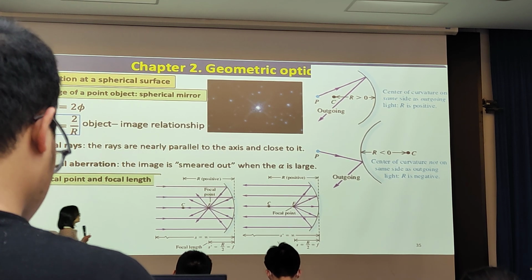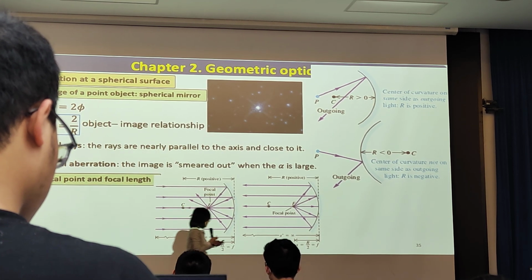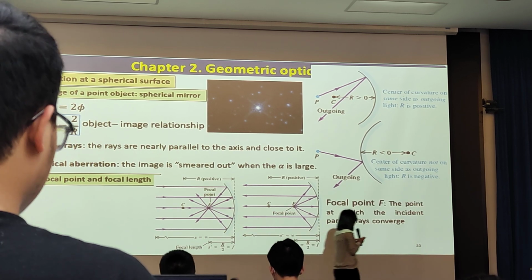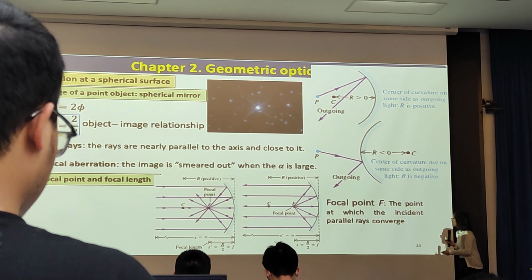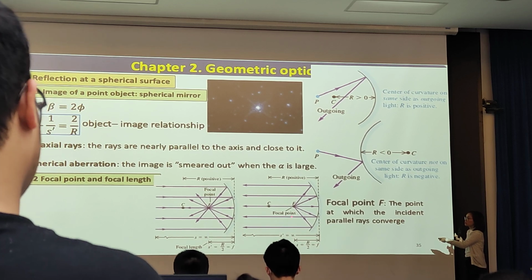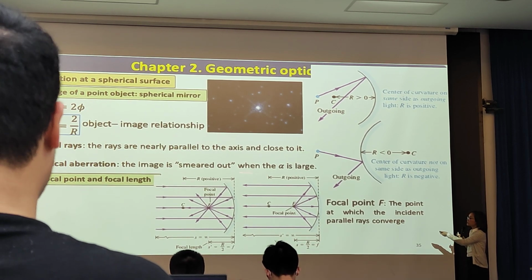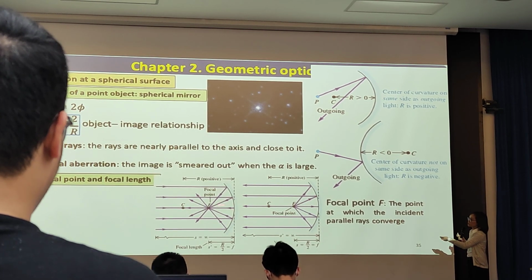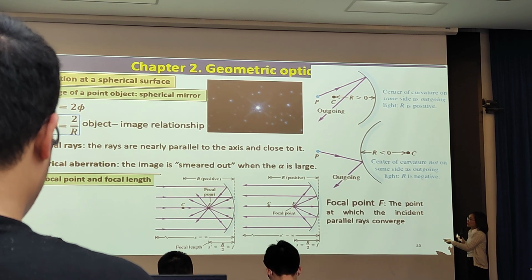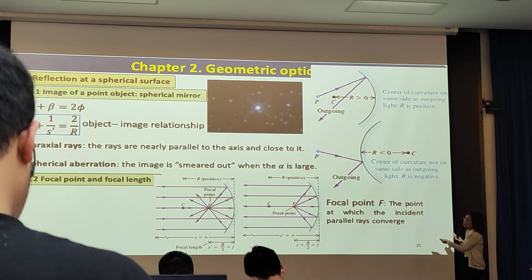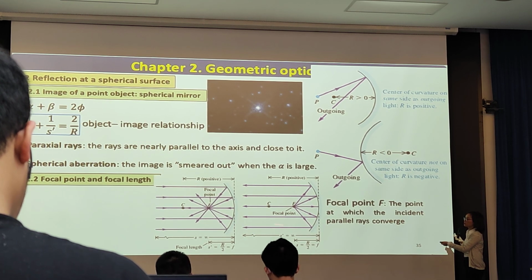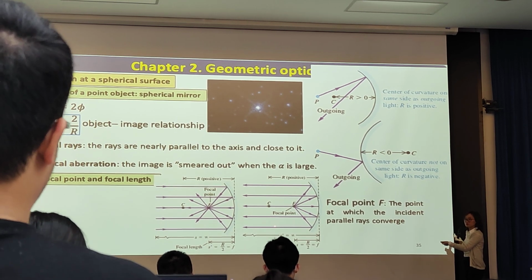Focal point F is the point at which the incident parallel rays converge. You agree? The incident parallel rays converge to here. Or if we have all the rays coming from this point to the spherical mirror, they will reflect parallel to each other.